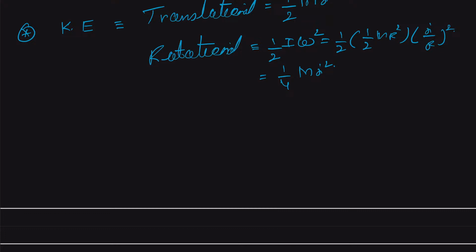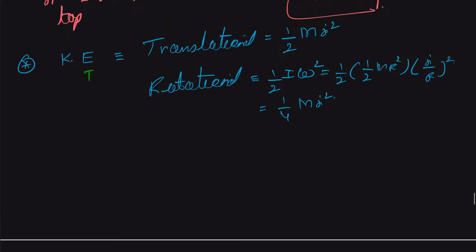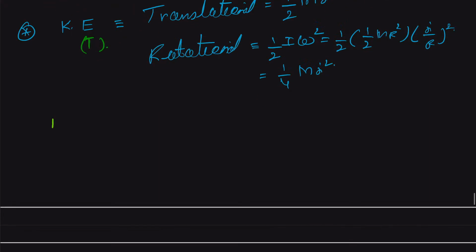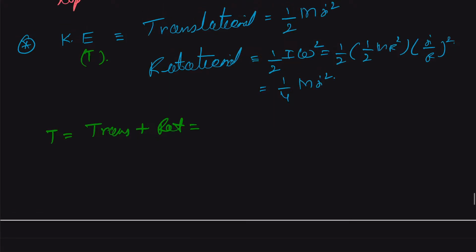Therefore the total kinetic energy, let us suppose that is T. So this T will be equal to translational kinetic energy plus rotational kinetic energy, and we get this as half m x single derivative square plus 1 by 4 m x single derivative square. This will be giving us 3 by 4 m x derivative square, where x single derivative square means velocity square.